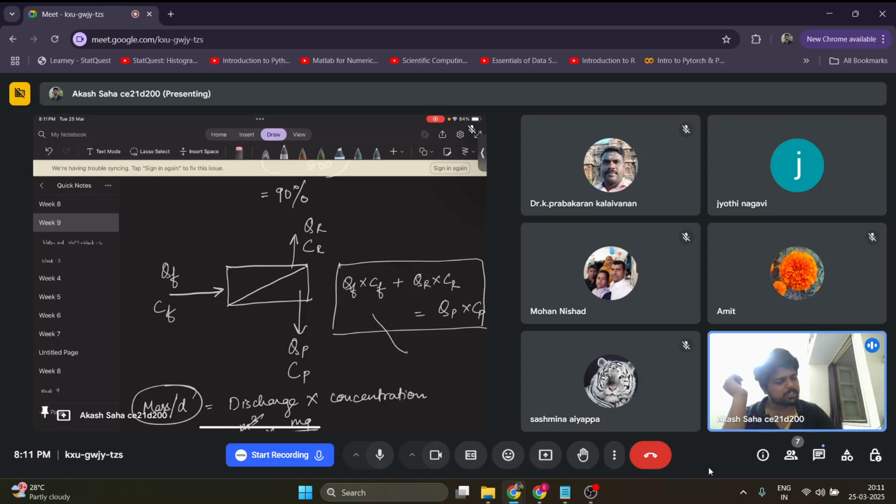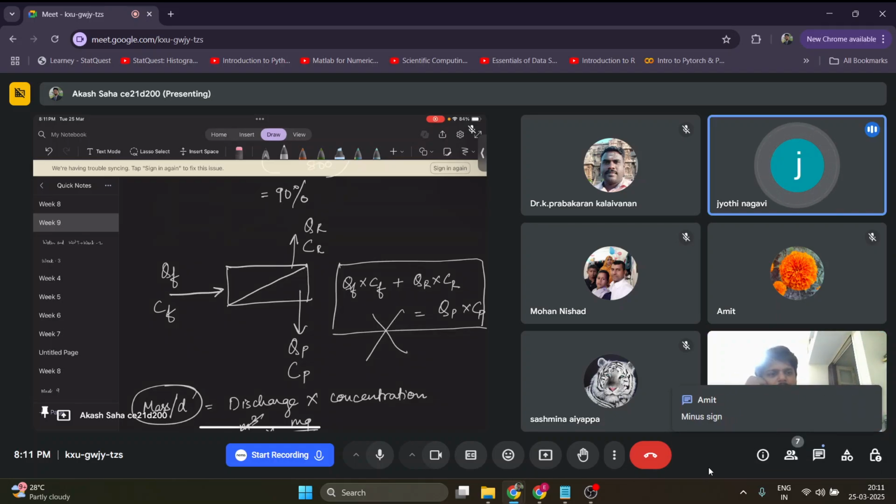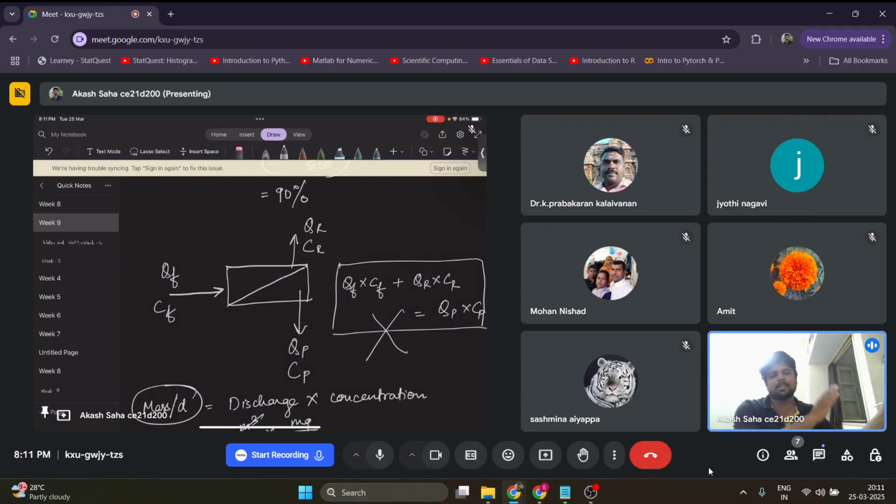I would say this equation is wrong. Sir, QRCR should be on the other side. Yes, QRCR should be taken to the other side, because this is the total mass coming into the system and it is segregating into this and this.